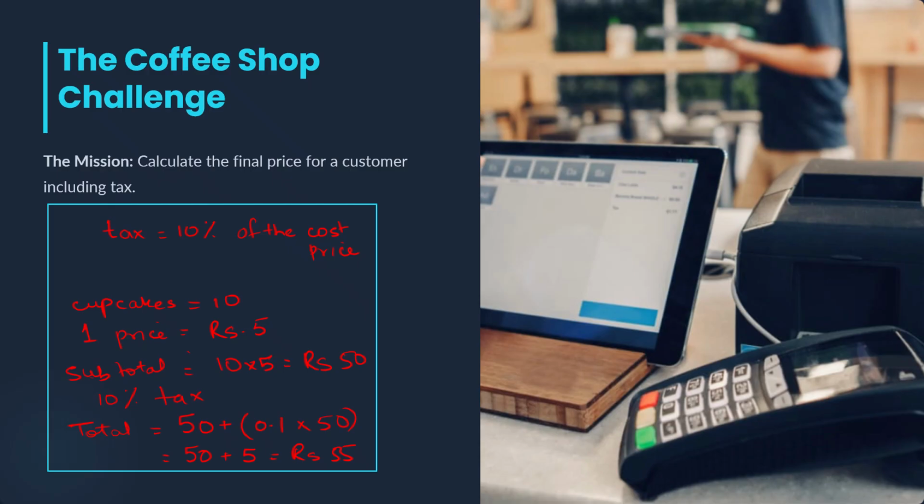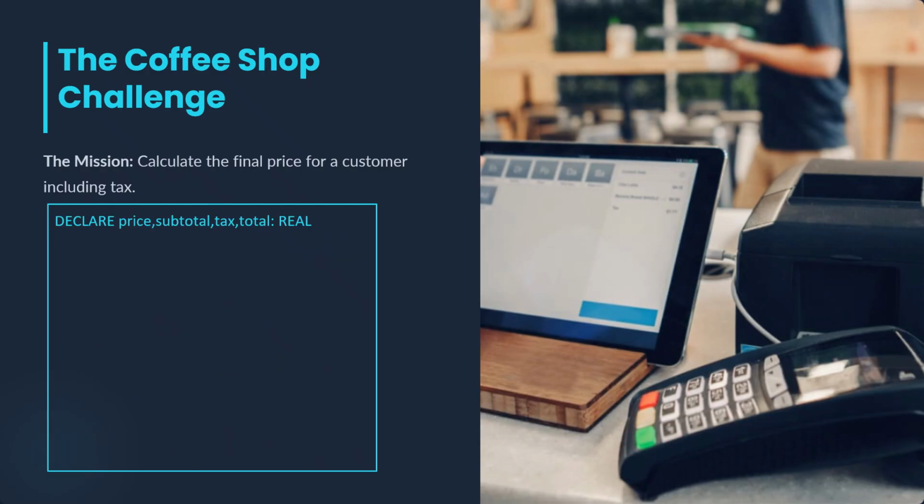Let's code this program. So we take the price, the subtotal, the tax, and the total as real, because these will include decimal places, or float or real, whatever you can say. We use real here, and then declare quantity as integer, because this is the quantity of the items to be bought.